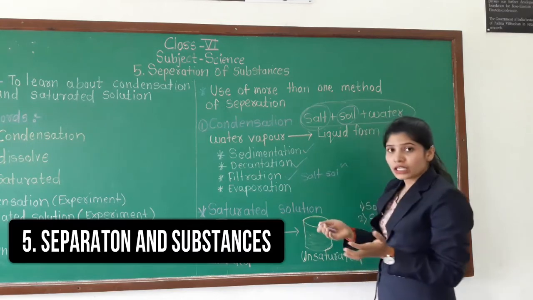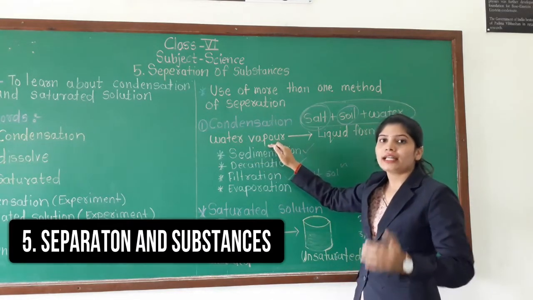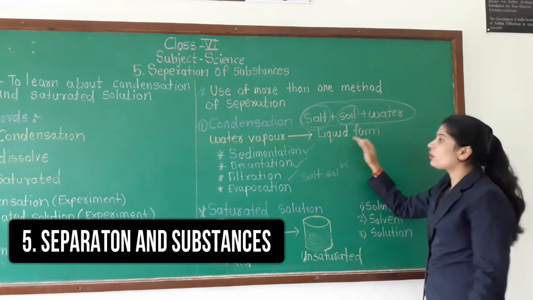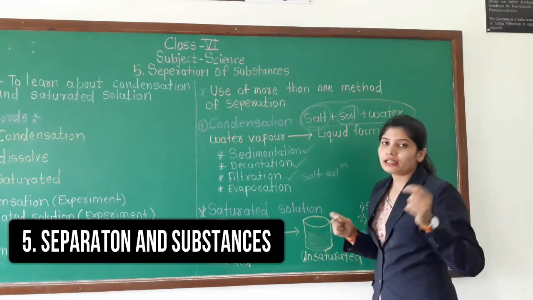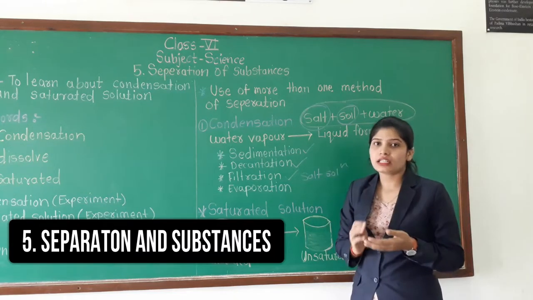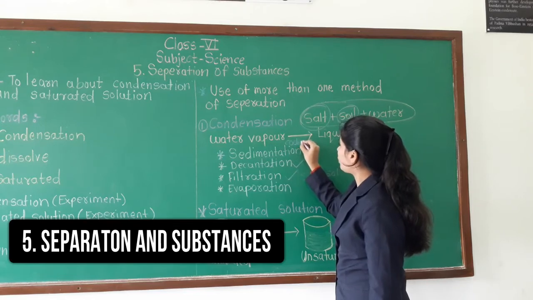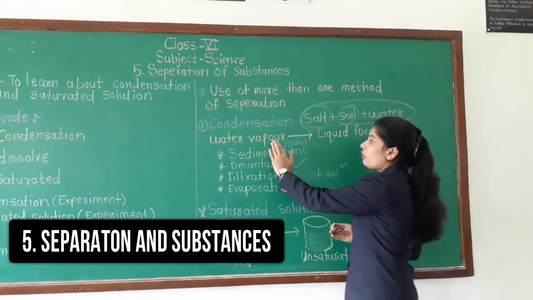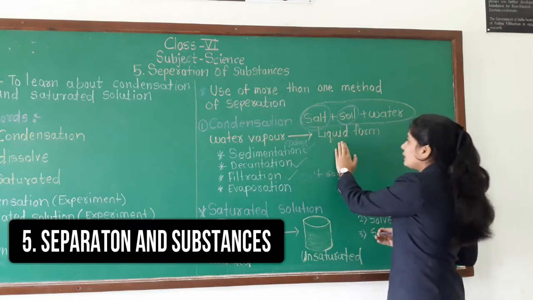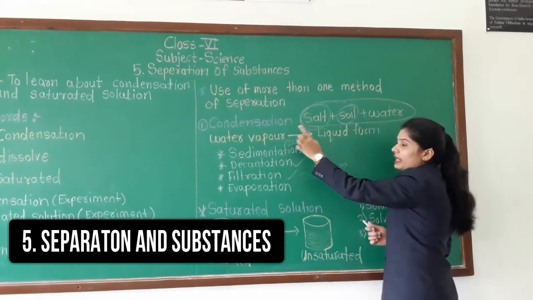So what is condensation? It is when the water vapors are converted into liquid form. Water vapors means we can say it is in gaseous form. After providing a cool temperature, that is cooling, the water vapors are converted into liquid form, and that process is known as condensation.